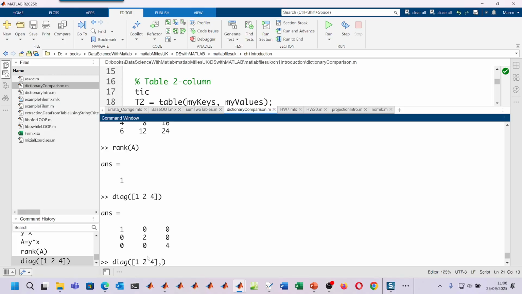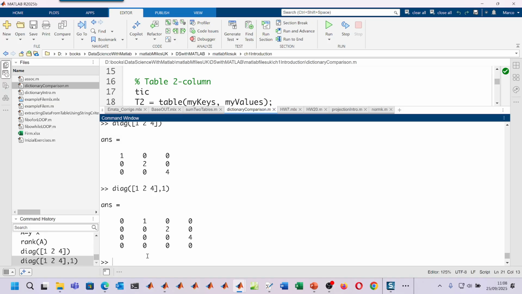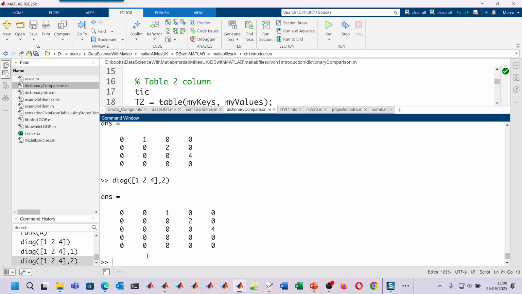Or if you write 1, it creates a matrix in which all the elements in the vector are in the diagonal just above. You see? So if you put 2, the elements are in the second diagonal above. Same thing for -2. Okay?